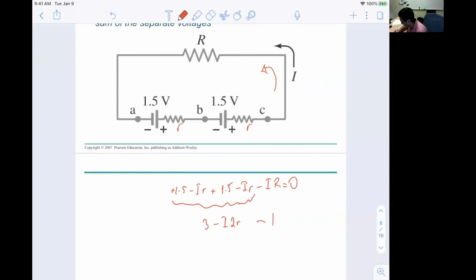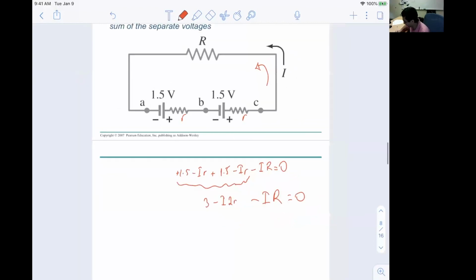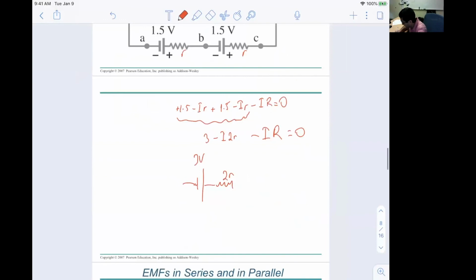And you have this capital R. Now you can make an equivalent battery, which is just the summation of potentials, like 3 volt and 2r, connected to capital R, when the batteries are connected in series.